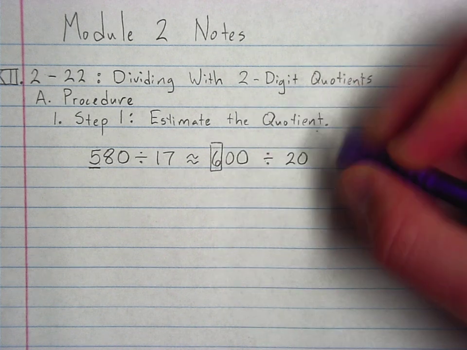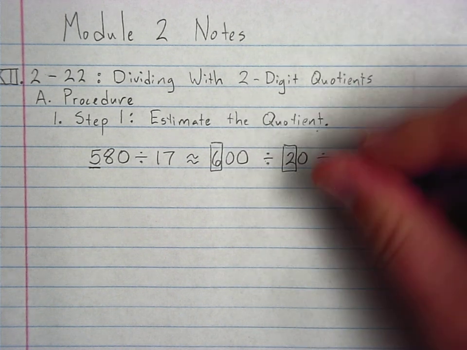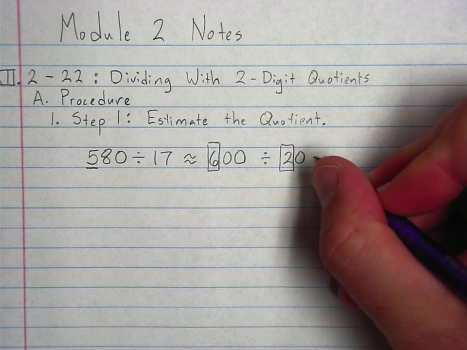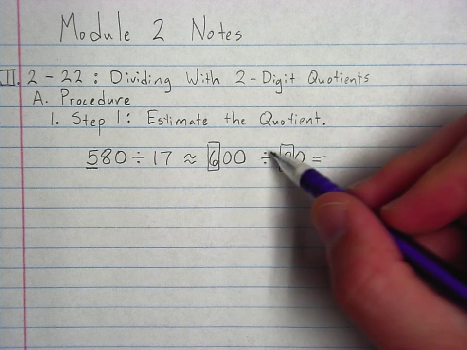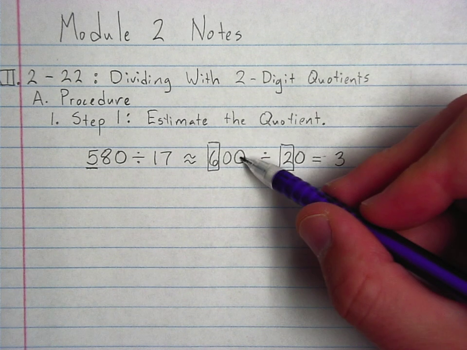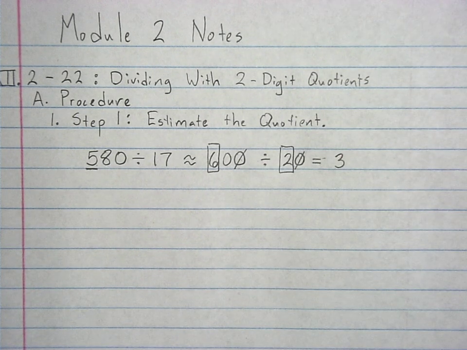Box up those non-zero digits. Divide them first. Whoops. Busy talking division. We already have a division symbol. This is going to be equal to 6 divided by 2 is 3. 0 and 0. I have a 0 in the ones place, 0 in the ones place. So they cancel out. I make a pair, set them aside.